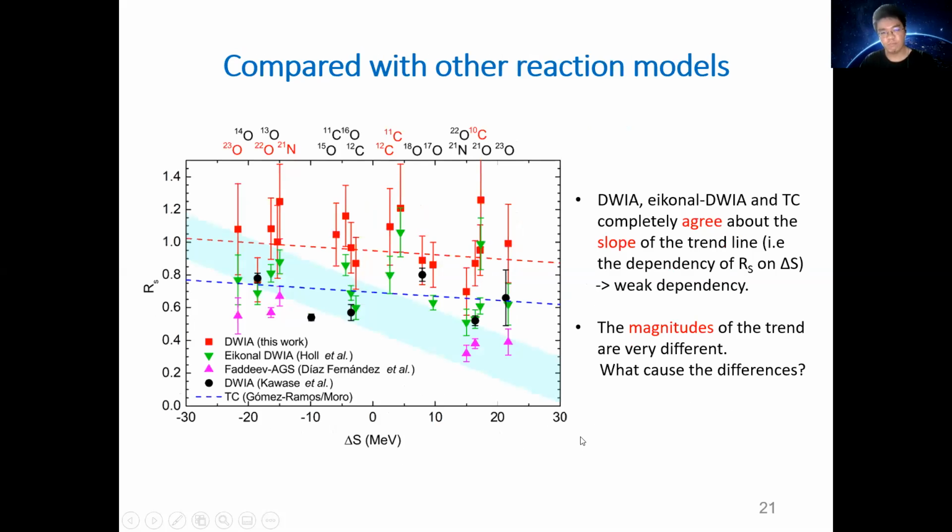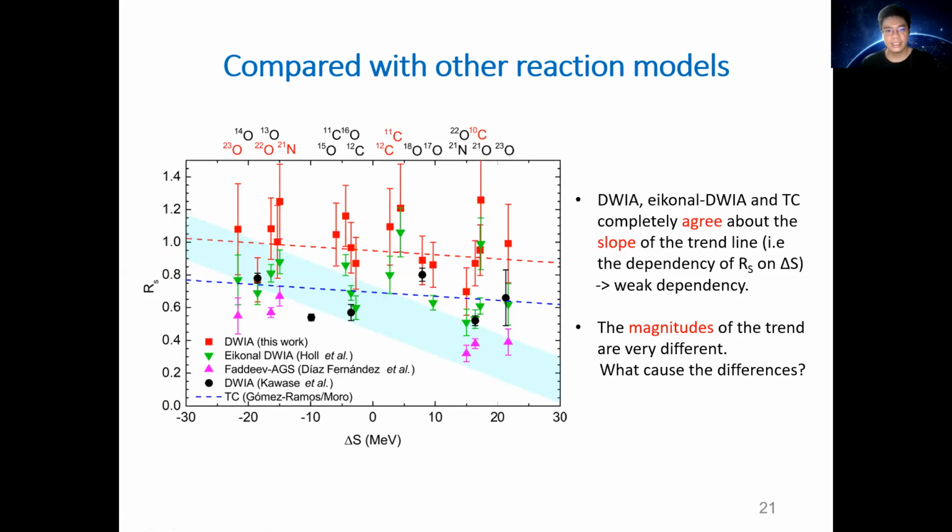So now for another part, we compared with all the reaction models, the three of the reaction models. One can see, first, comparing with the TC model by Mario and Antonio, that although the two models are quite different in our choice of the potentials and corrections, the slopes are basically parallel to each other, which is actually a good signal.